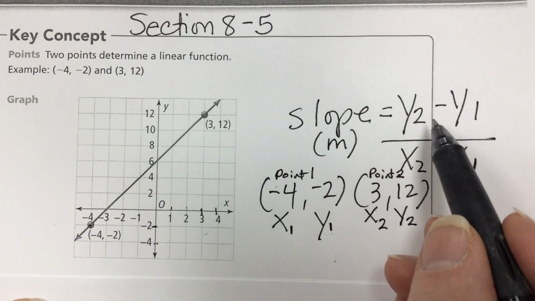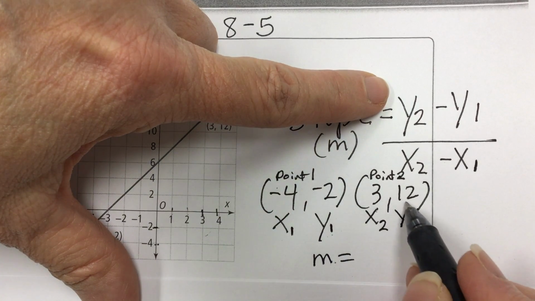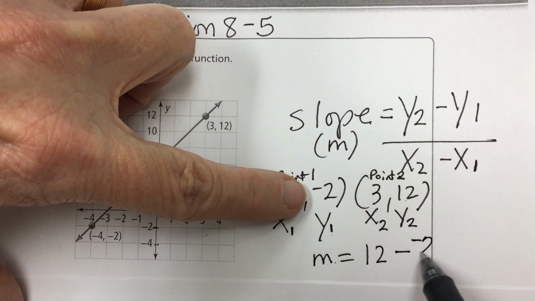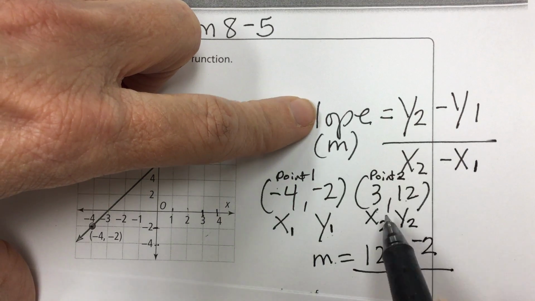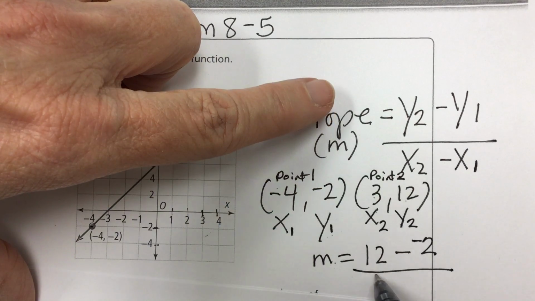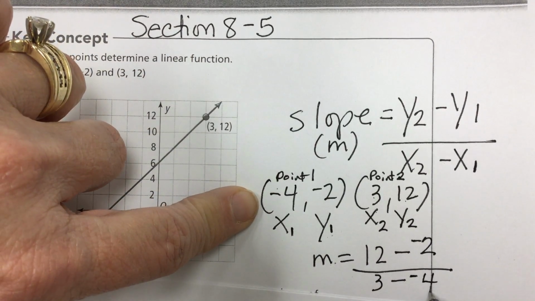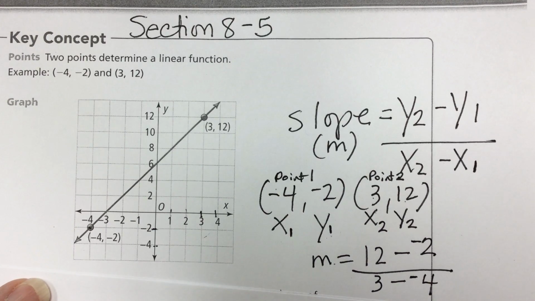All right, so to find the slope, using the slope formula, we'll take y sub 2, which is 12, subtract off y sub 1, which is -2, divided by x sub 2, which is 3, minus x sub 1, which is -4. Now remember, subtraction means add the opposite.